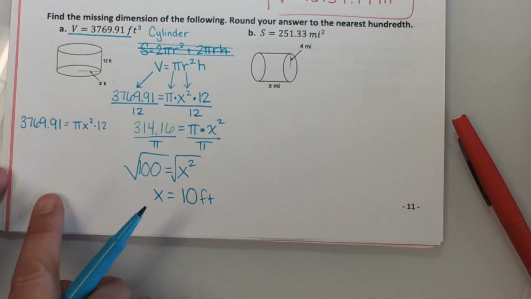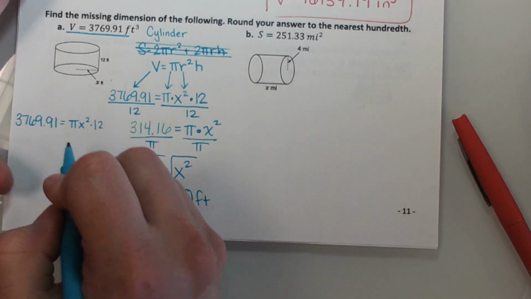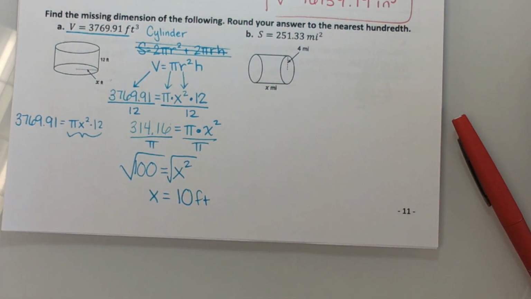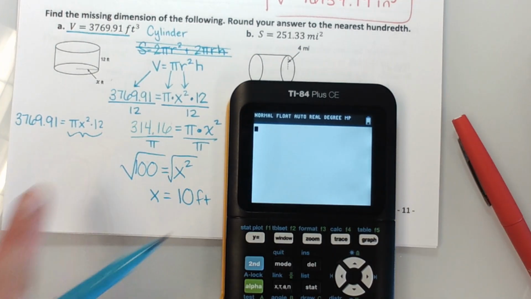Now, the other way to do this, the more traditional way, simplify this stuff first. What can I actually simplify on that side of the equation when I still have my pi times x squared times 12? What's just numbers? 12 and pi.